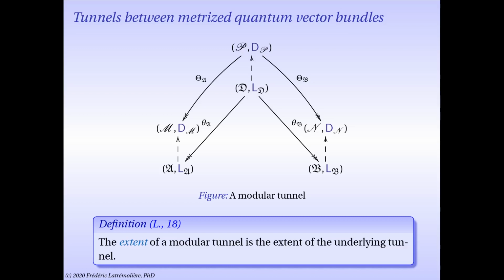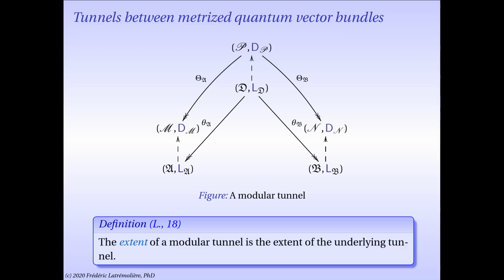Thus, the bottom part of our diagram is a tunnel between compact quantum metric spaces. We also require that the quotient of the d-norm D_P by capital Theta A is D_M, and similarly, we require that the quotient of D_P by capital Theta B is D_N.